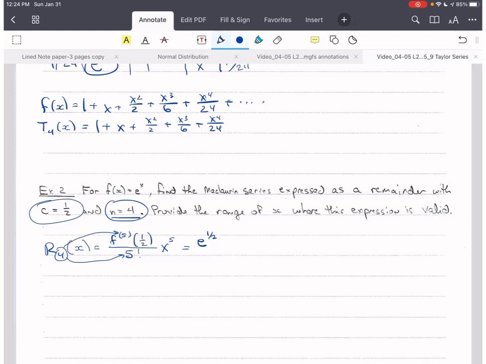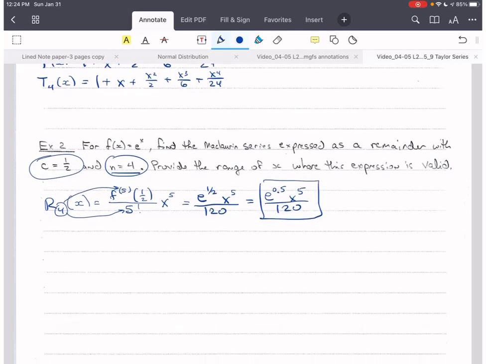And then we've got x to the 5th, and over 5 factorial, which is 120. So I could write this as e to the 0.5 if you like. That's fine. In fact, that's the way I like to write it. So this is my answer for the remainder.